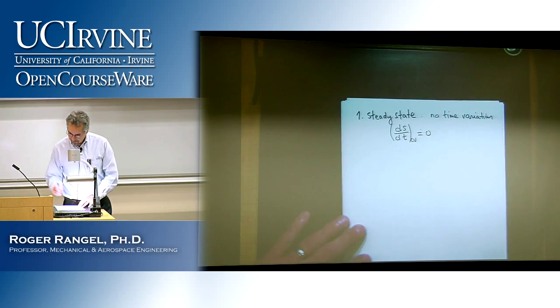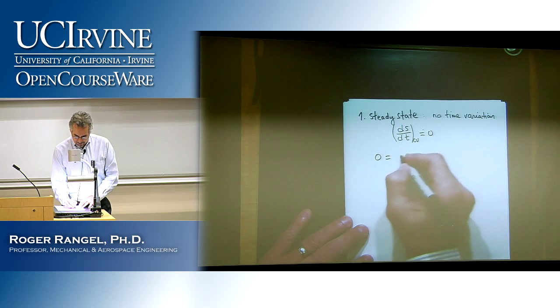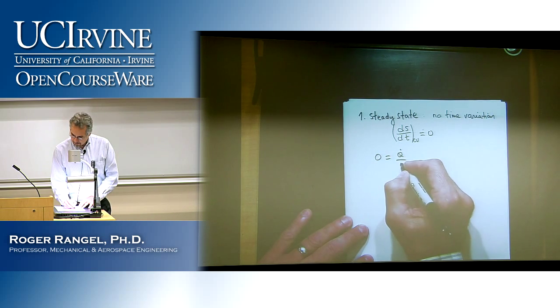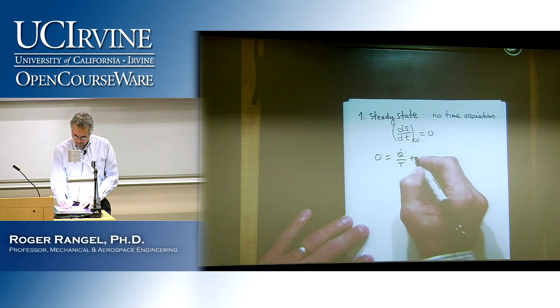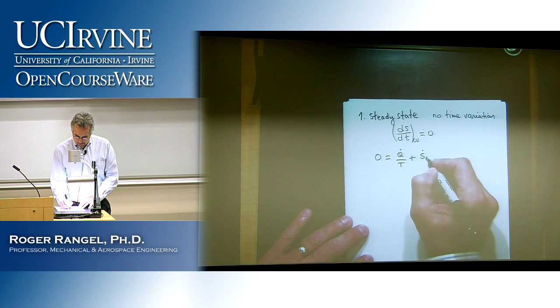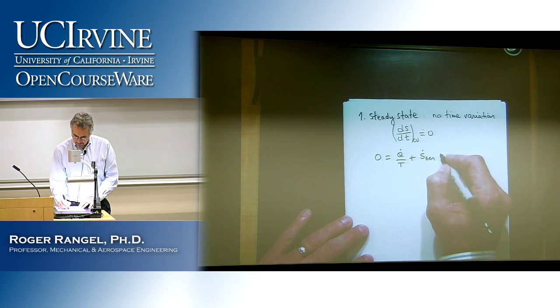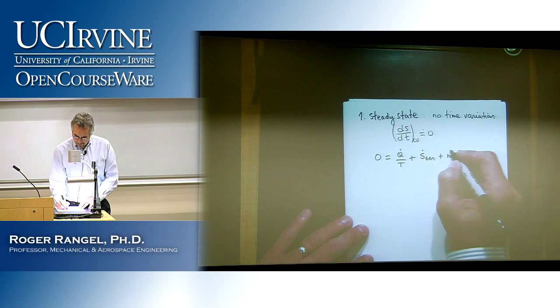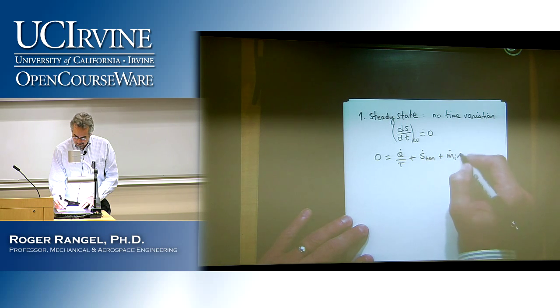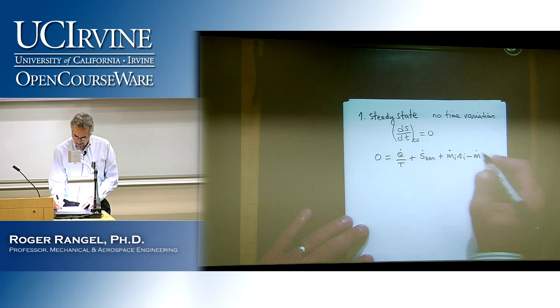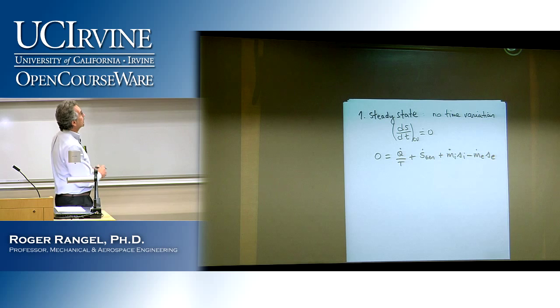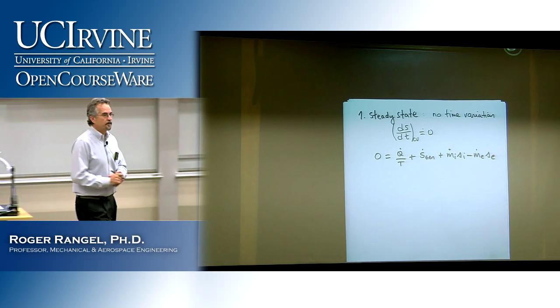So let's do that. We get 0 equals Q dot over T plus S dot generation. Same equation, but with a big 0 on the left-hand side.